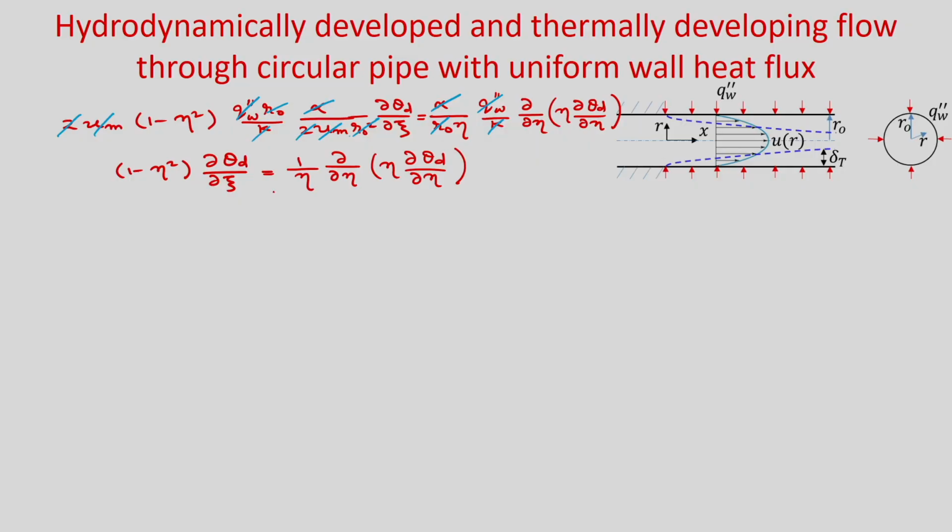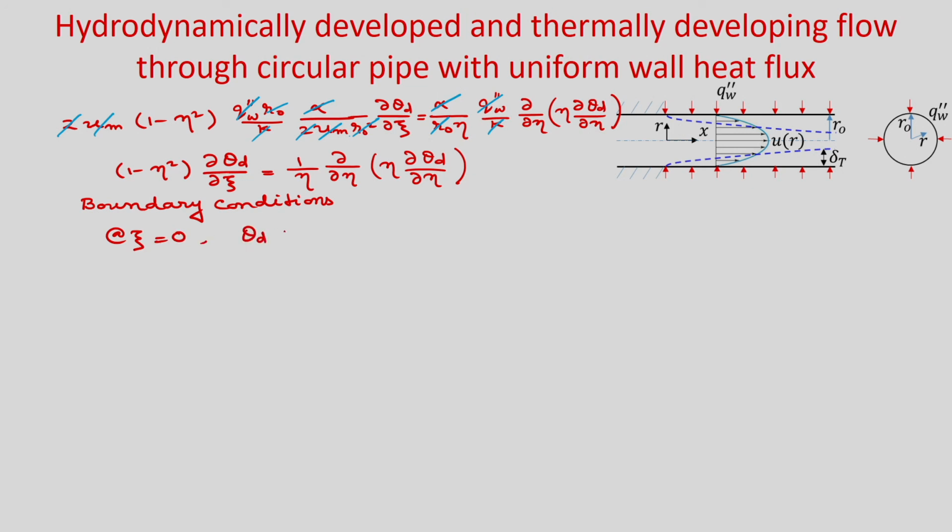So, before going to that, let us write the boundary conditions. Boundary conditions: at zeta is equal to 0, that means x equal to 0.